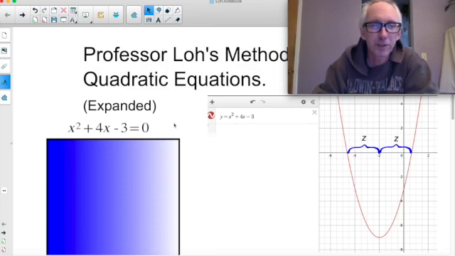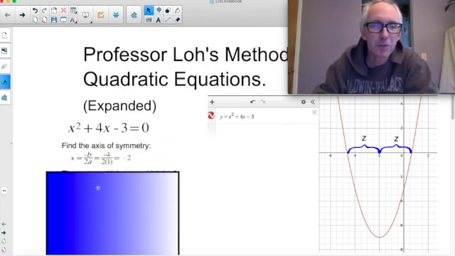All right, so we're going to look at this problem, which is x squared plus 4x minus 3 equals 0. And to the right, I have graphed it using Desmos. And notice the axis of symmetry, which we could calculate by doing opposite of b over 2a, which would be negative 4 over 2 times 1, which works out to be negative 2.